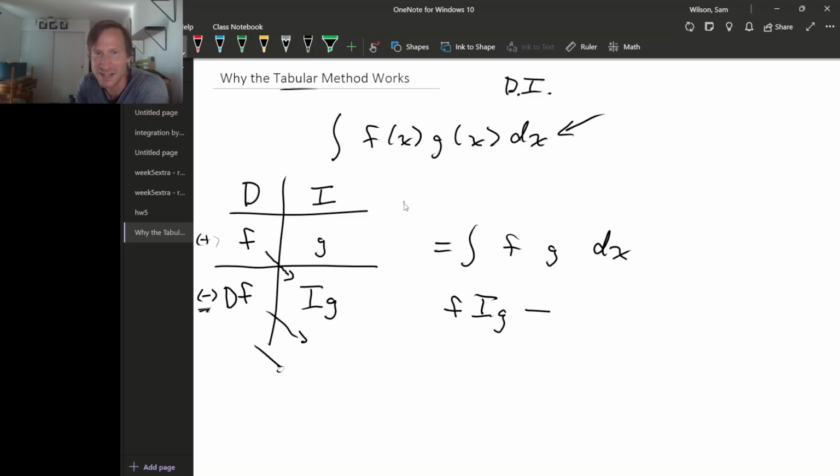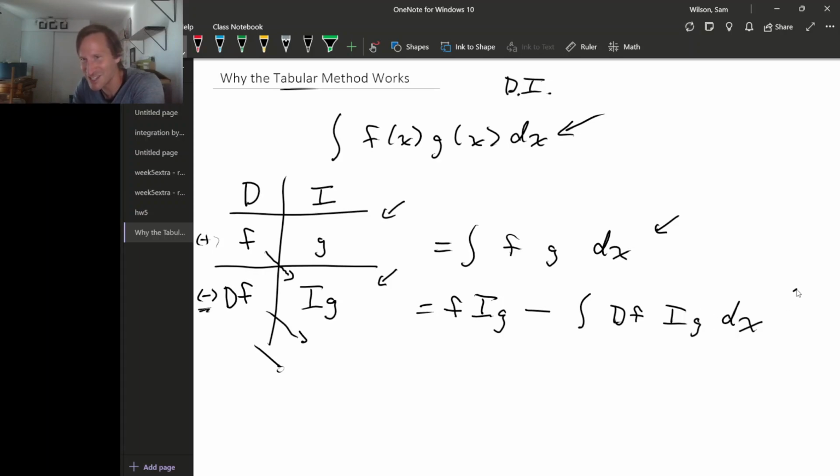Just like when we had just the first row, we had a term that was the integral of the product. Well, now that we have another row, we need a term that is the integral of the product of these two. So the integral of the derivative of f times the integral of g.